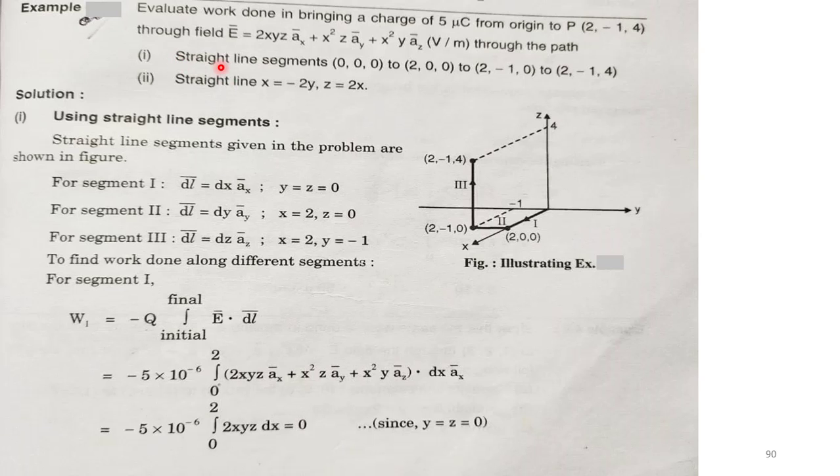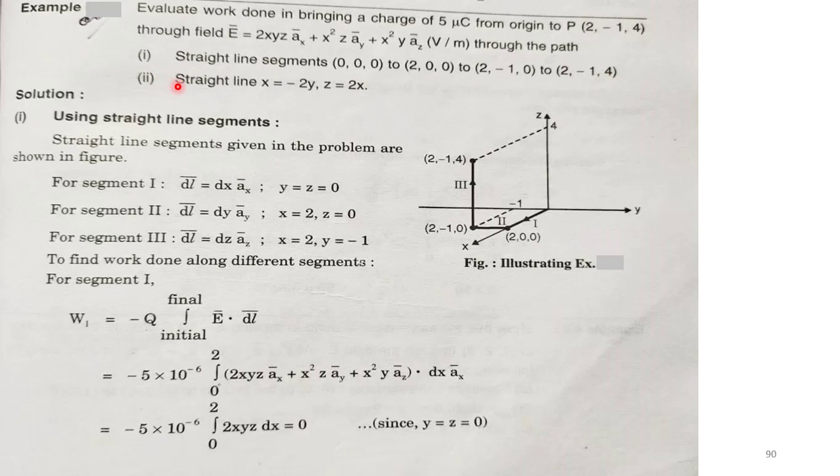The first path is mentioned as a straight line segment, that is from origin to (2, 0, 0) to (2, -1, 0) to (2, -1, 4). So in the first path you are moving the charge from origin to the final point, that is (2, -1, 4).